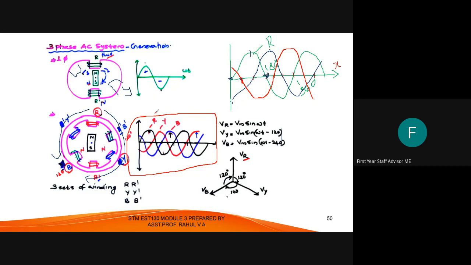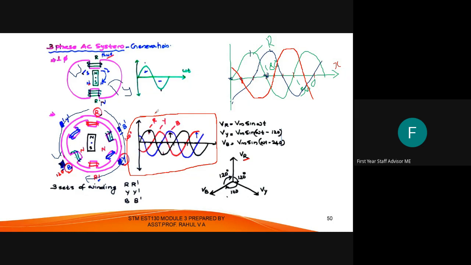So as this rotor rotates, the rotor will reach straight to the R winding at an angle, and 120 degrees after that particular angle, it will reach closer to the Y winding. So I can say that the voltage at the Y winding is lagging behind the R winding by an angle of 120 degrees.